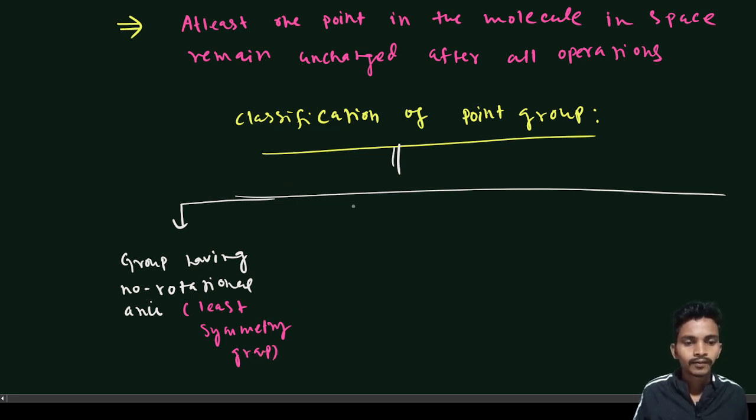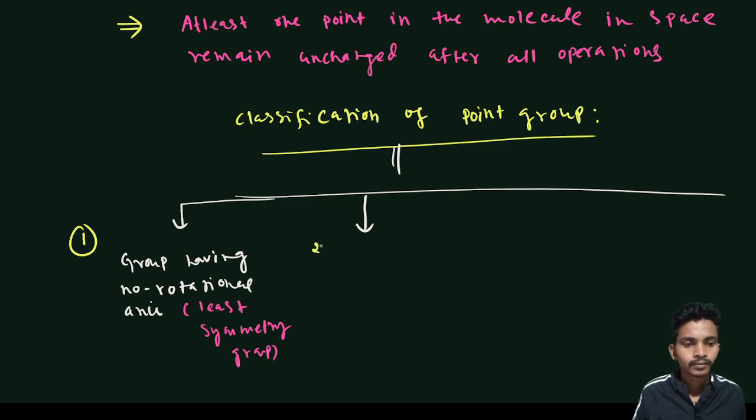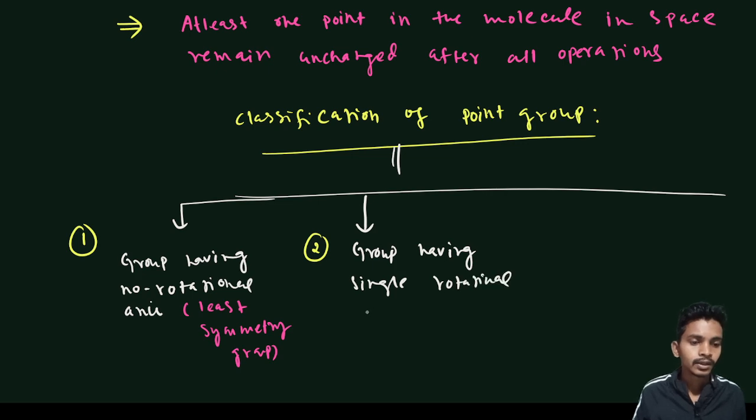And the second type is a group having a single rotational axis. So here no rotational axis, here a single rotational axis is present.